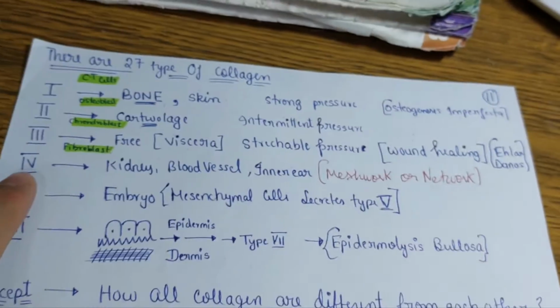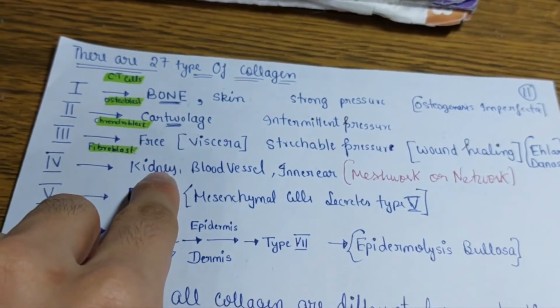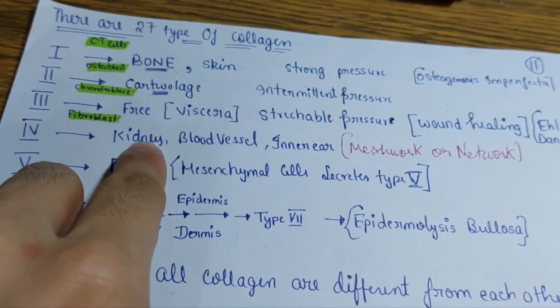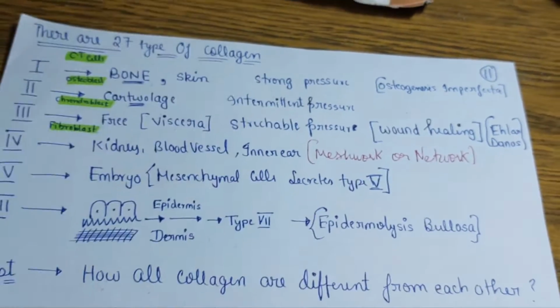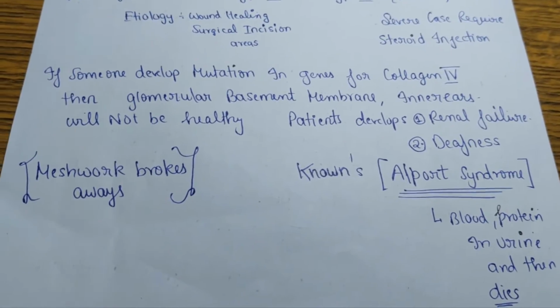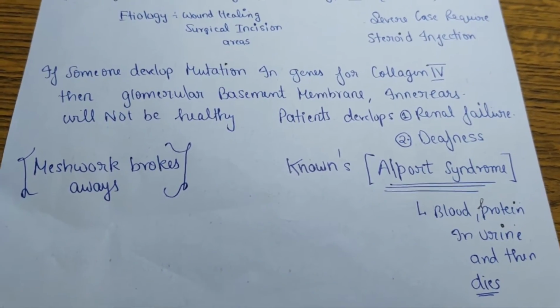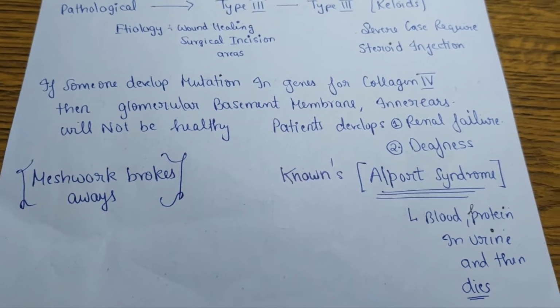Type 4 collagen, as we remember, forms the meshwork or network, and it is present in the kidney glomerular basement membrane, in blood vessels around the capillaries, and also in the inner ear. Now sometimes there can be a mutation in the genes which code for collagen type 4.